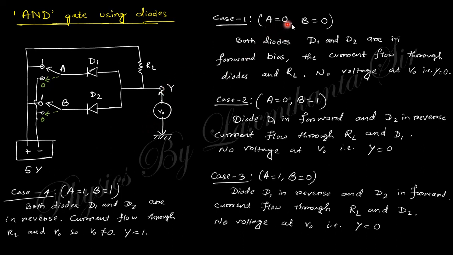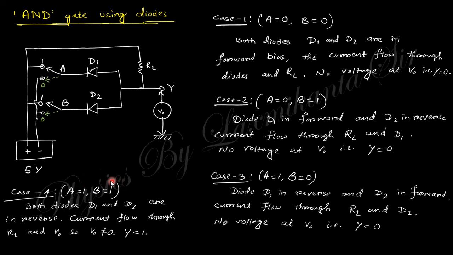So when A is 0 and B is 0, Y is 0 in this circuit. When A is 0 and B is 1, A being 0 means forward bias, so again the current flows through D1, and there is no current and no voltage at Y. Similarly for A 1, B 0, the forward bias gives current flowing through the other diode.